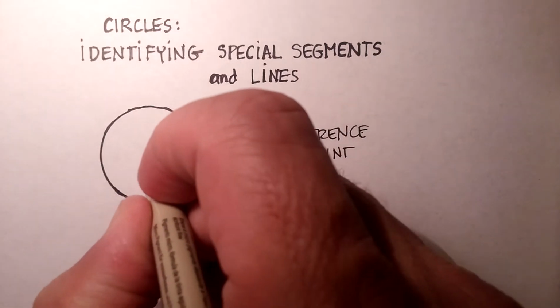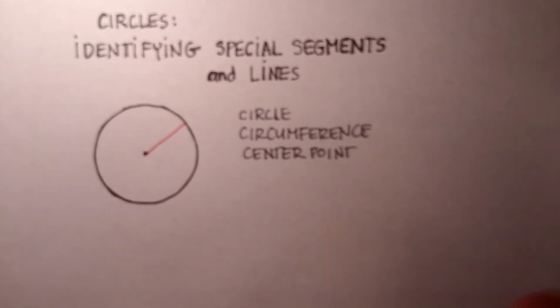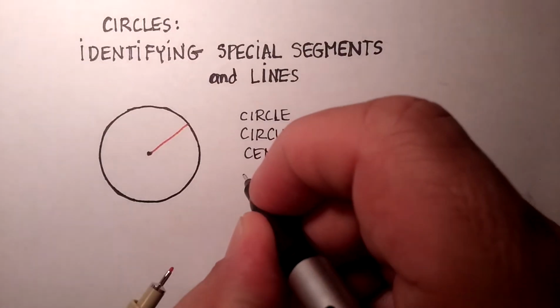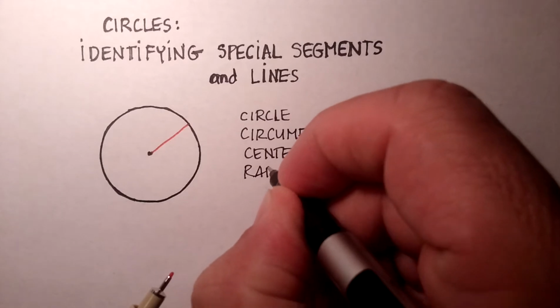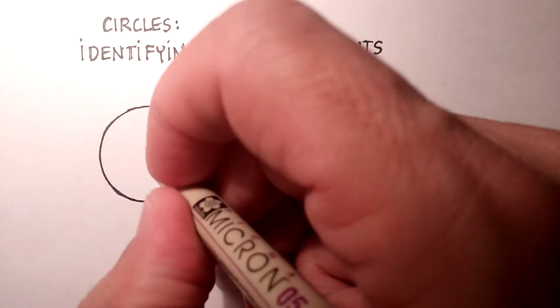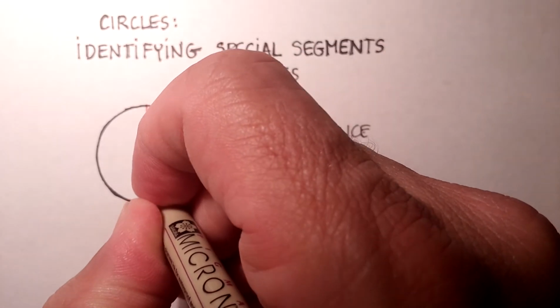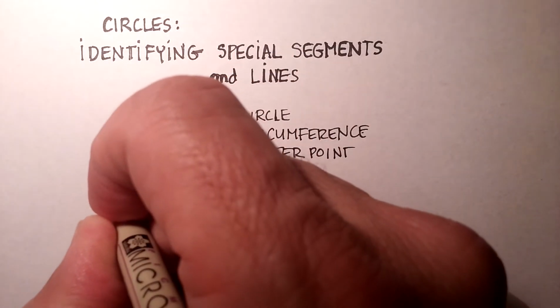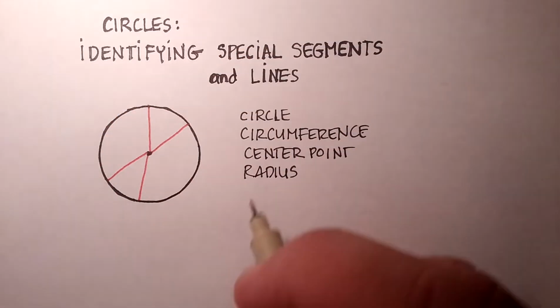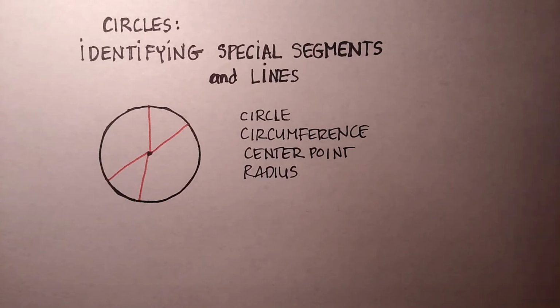Now, any segment from the center to the circumference, okay, is called a radius. And any segment from here to here, for example, or from here to here, those are all radii. That's the plural form of radius. All right.